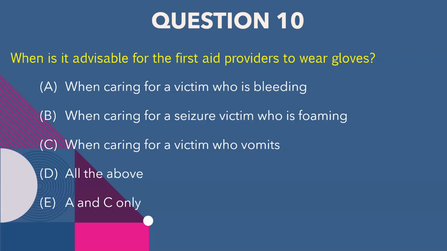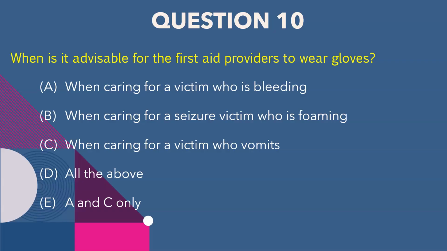C. When caring for a victim who vomits. D. All the above. E. A and C only. What is your answer to that question, and then get ready for question 11.